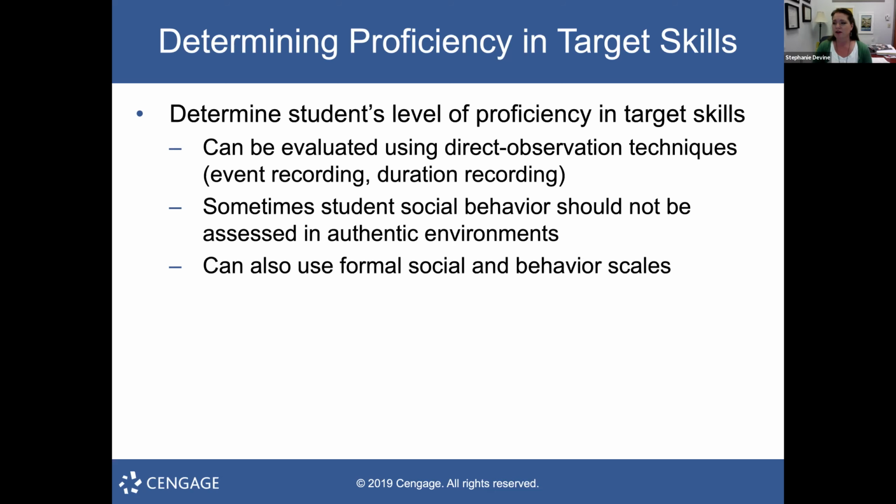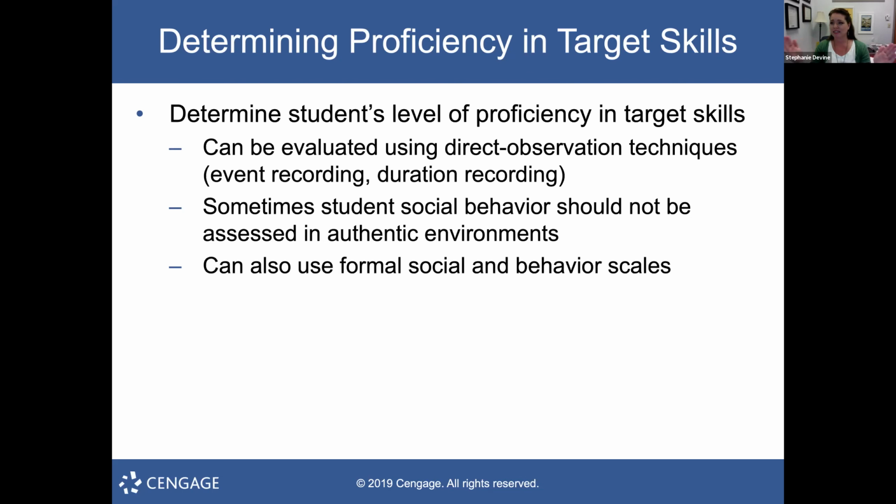So you want to do some direct observation, which is that event recording or duration recording, depending on the skill you're trying to teach. So event recording would be, how many times it's happening. It could be in response to how many times out of how many opportunities, or it could just be how many times, depending on what you're looking at.